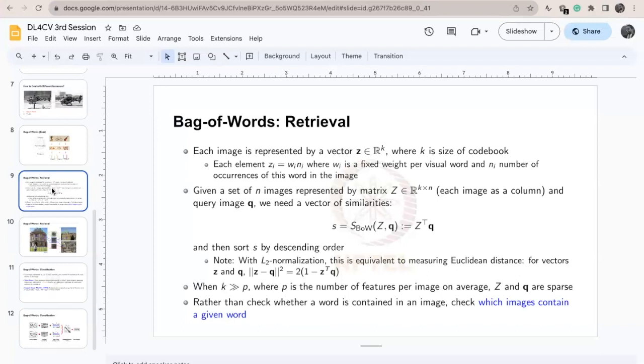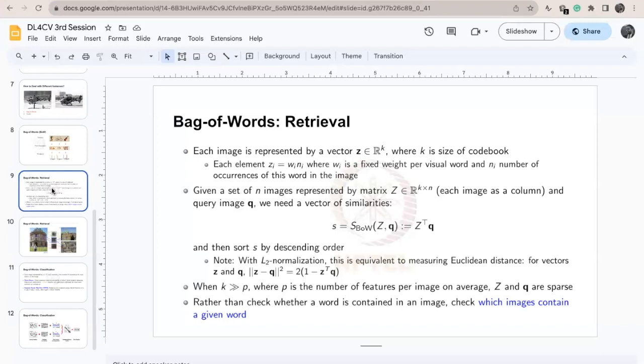And given a set of n images, we now get a matrix. Since each vector is of size k, and we're getting n of them, the matrix size will be k cross n. For the query image q, we need a vector similarity.